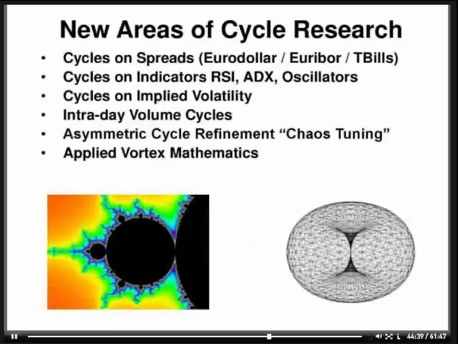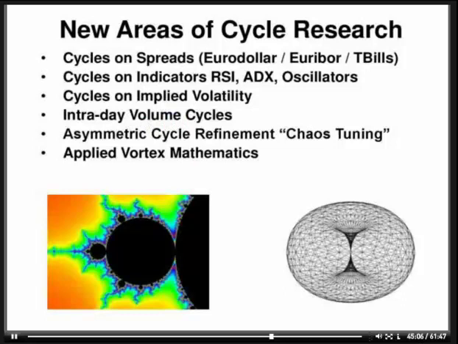So new areas of cycle research that I'm personally involved in and looking at are cycles with short-term interest rates. My background's in trading treasuries and interest rates, and we're finding really nice dependable cycles in these short-term products such as Eurodollars and Euribors versus T-bills and whatnot.